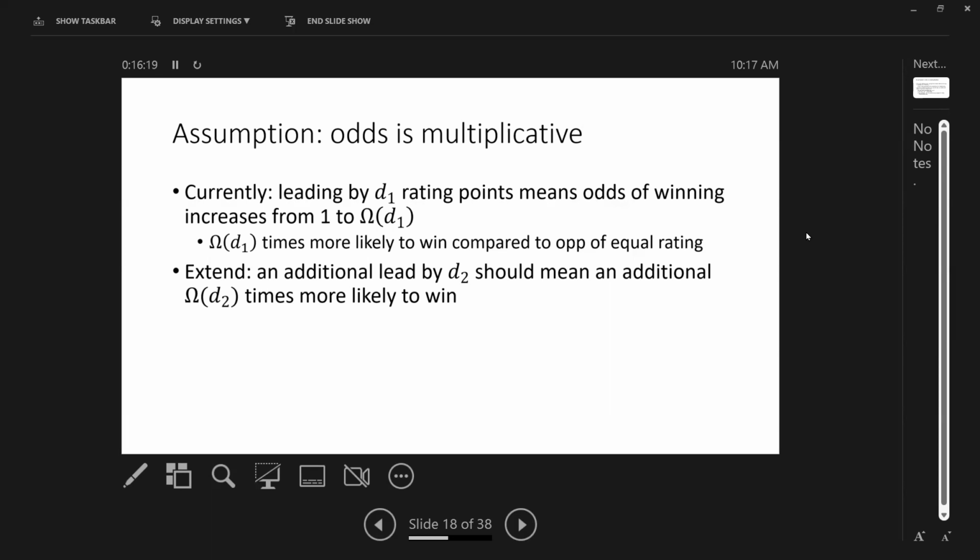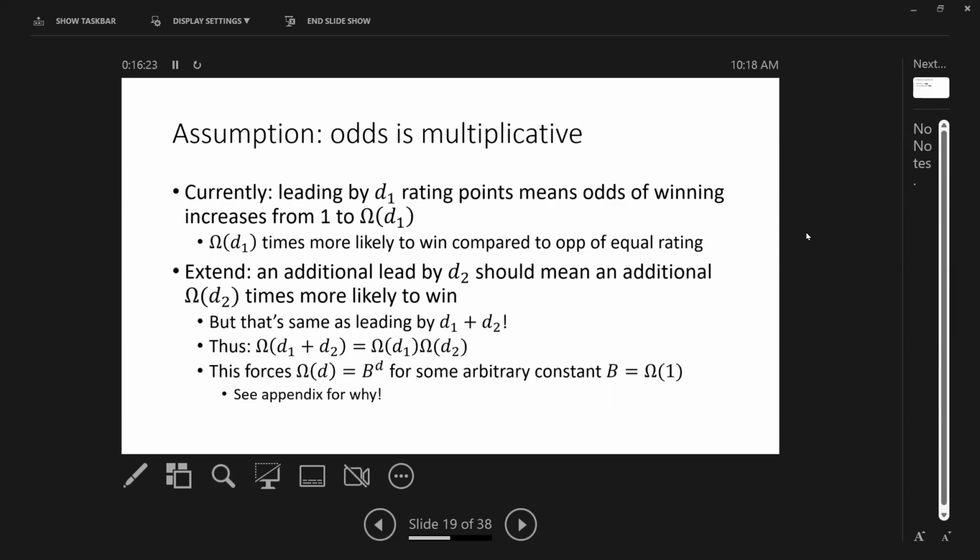But if you're leading someone first by d1 rating points and then also by d2 rating points, it's the same thing as leading that person by the combined d1 plus d2 rating points. So to put that into formulas, we would have omega of d1 plus d2, the likelihood of you winning after a lead of combined rating points.